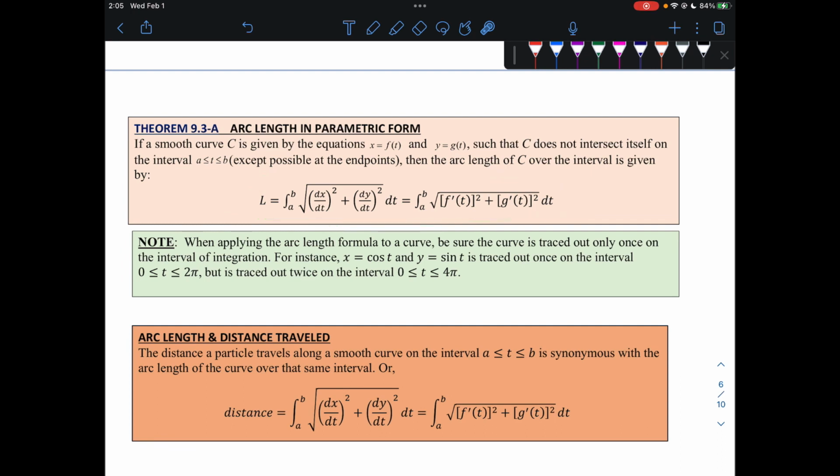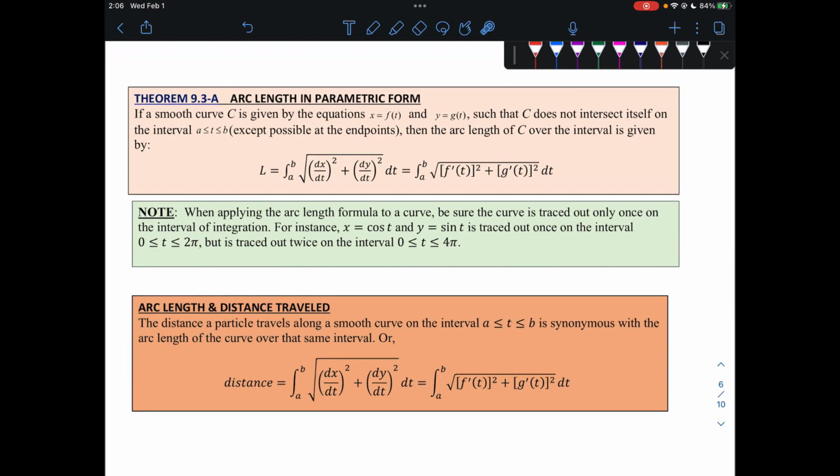Quick note: when applying the arc length formula to a curve, be sure that the curve is traced out only one time. If you make it into Calculus 3, that's a huge point of emphasis as well. These things can be traced out multiple times, so you want to make sure it's only traced out one time around the curve, not twice or three times.